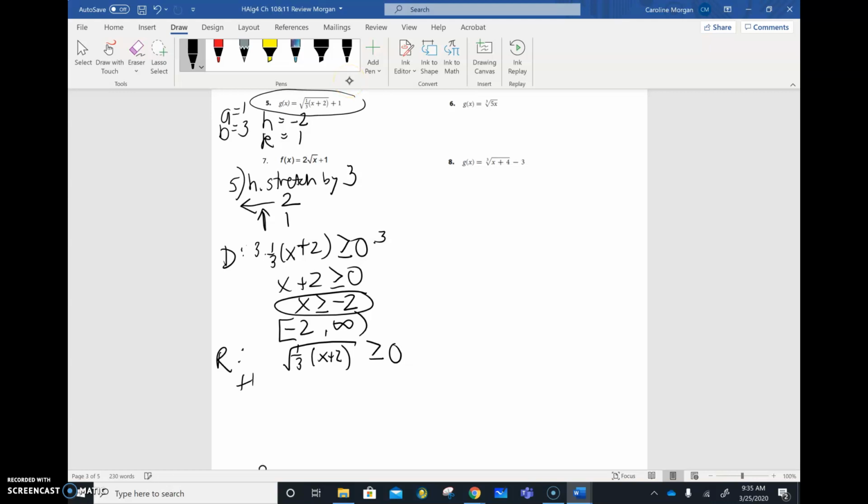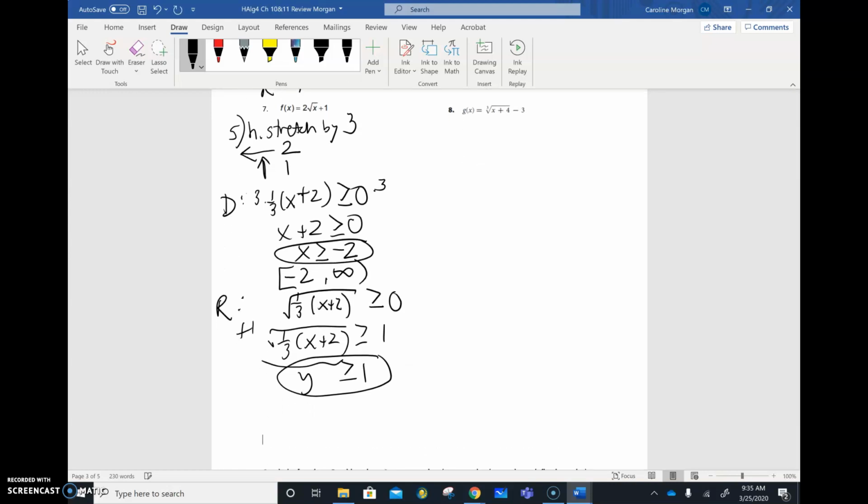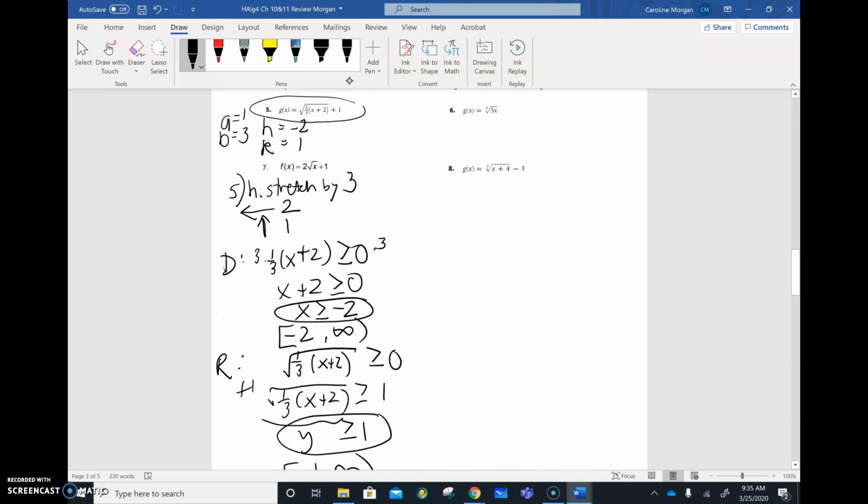So I'm going to add 1 to both sides, okay? Isn't this y? Y is greater than or equal to 1. That's my range, written in interval notation. 1 to infinity. Now, can you look on your graph and check it?